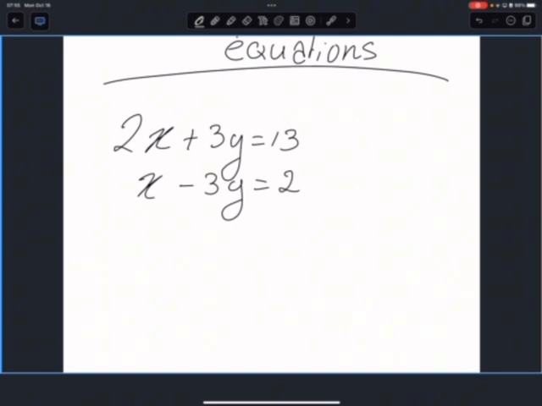The way into solving this particular one, you have to make either the x or the y a 0. So either the x becomes 0 or the y becomes 0. One of the two. It doesn't matter which one you decide to make 0, your answers will always be the same.